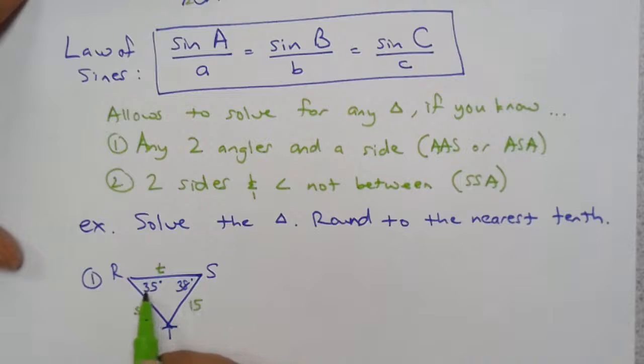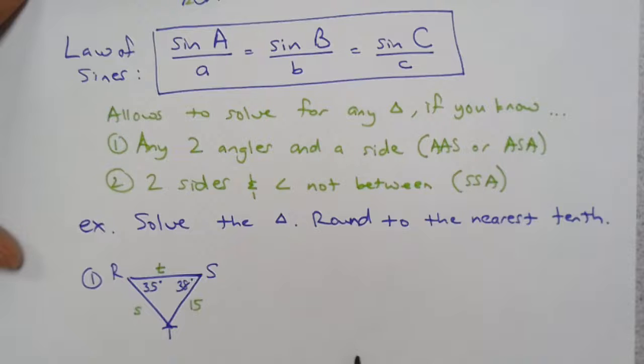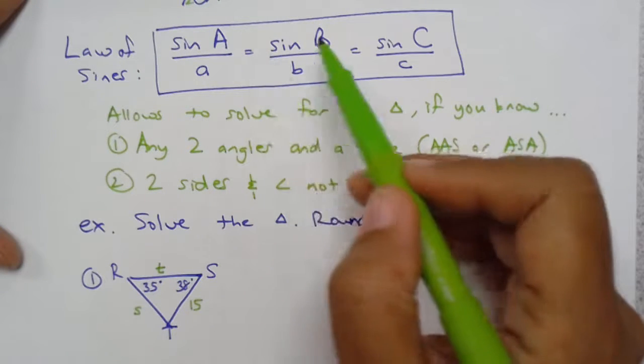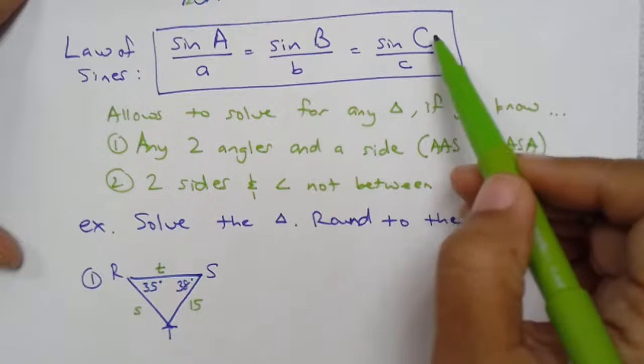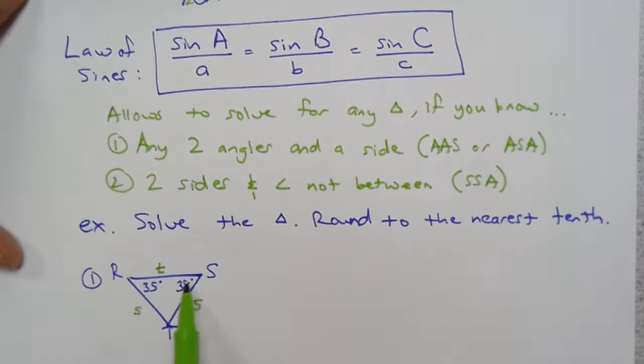So we have 35 degrees, 38 degrees, side length here is 15. Now notice these don't have the letters A, B, and C like we have up here. But really this angle is across from that side length, this angle is across from this side length, and this angle is across from this side length. So if you think about it, this is angle S across from S, we have angle T across from T, and we have angle R across from 15.